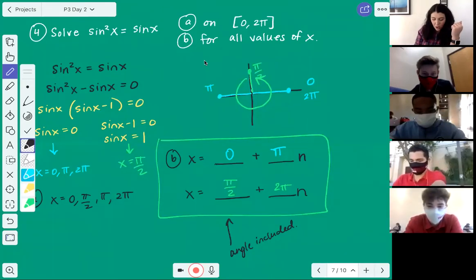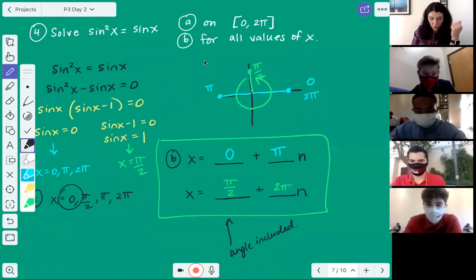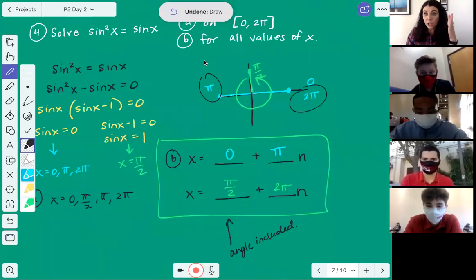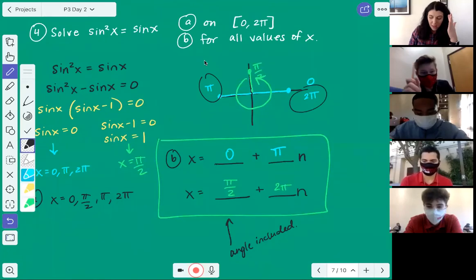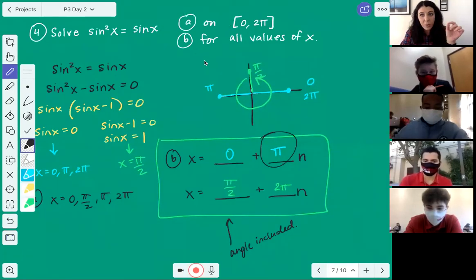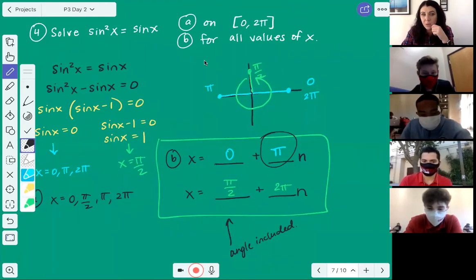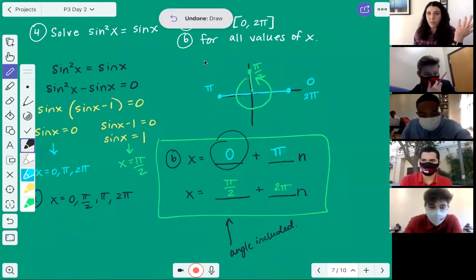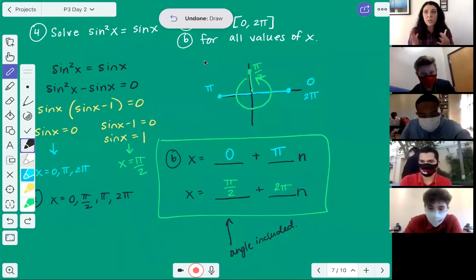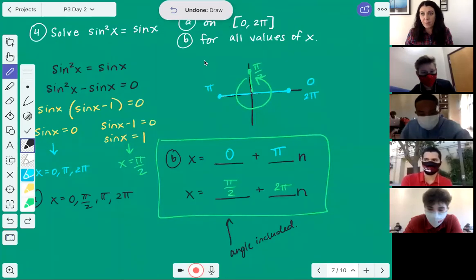So we chose 0. We could have chosen, for the blue, pi or 2 pi. We want to include one angle that's included in our answer. And then the next part is the separation. It has to be an equidistant separation to our next angle. That's always the thing that gets multiplied by n. But yes, what this means is that's how far we are from the positive x-axis. That's how we measure an angle, right? So yes, that's true, but it's always an angle that's included is a helpful way to think about that.